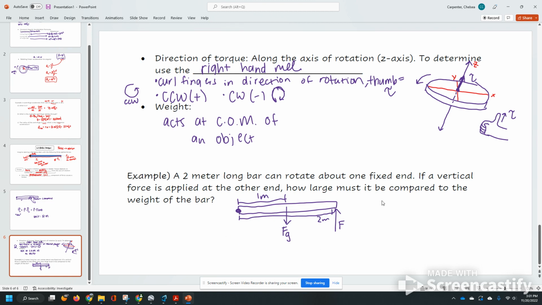Right here, we are at equilibrium. We're going to call that static equilibrium. So what that means is if I add up all the torques, they're going to equal 0. And that's because we're not rotating. So I'm going to look from this point A here, so the sum of torque around point A is going to be 0. If I use my right-hand rule, it looks like this weight is going to cause a clockwise rotation if that was the only force.